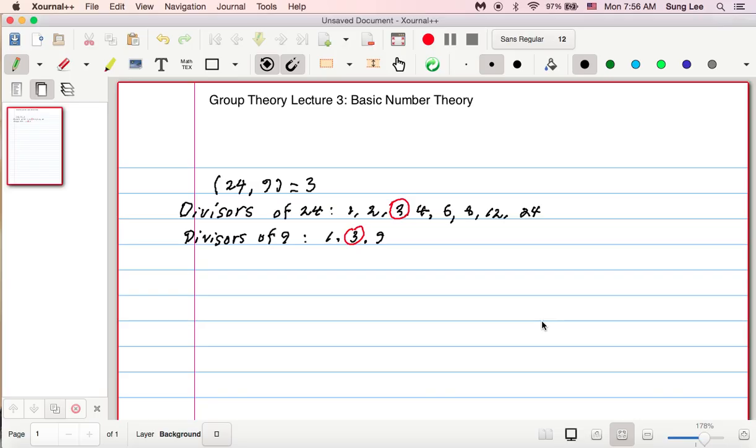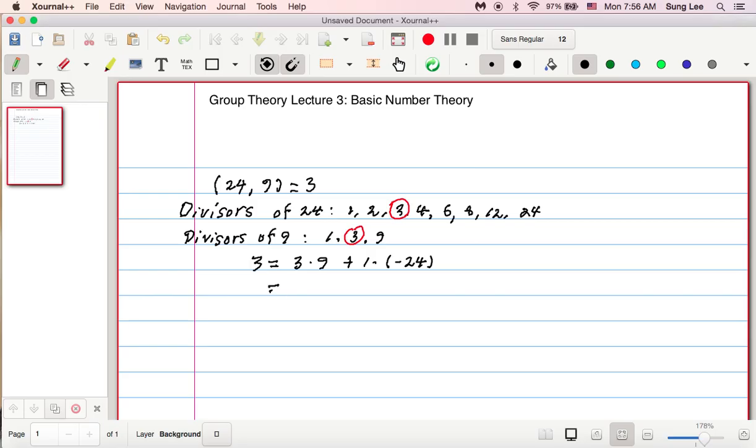Anyway, in this case, what's interesting to know is that this GCD 3 can be written in terms of these two numbers, 24 and 9. In fact, this can be written as 3 times 9 plus 1 times negative 24. So that's one way you can write it.